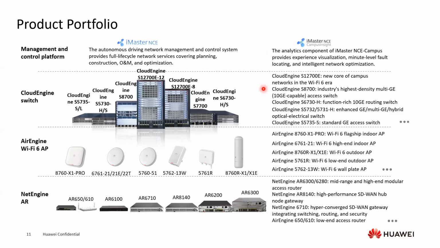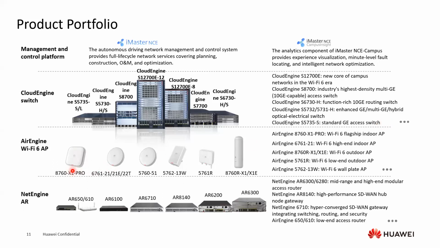On the core switch level, or even the aggregation switch level, we have the multi-blade S12700E switches. On aggregation, or in small cases even core, the 8700 series switches can provide 10G capability on the downlink as well. Then we have the 6730, 5732, and 5735S series on the access layer of the network.